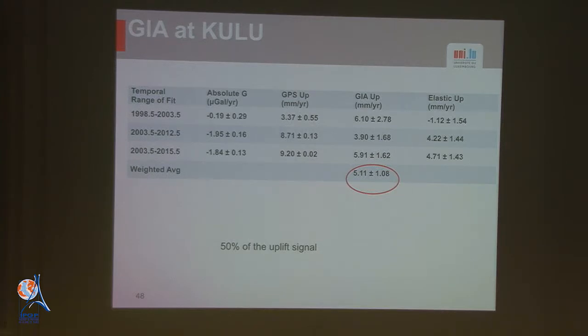So what's important about this is that all of the models, no matter which ice model you use, no matter what mantle model you use, they all predict that GIA in this region is going to be negative. And this is the only evidence at all that shows that it's positive. So you should be asking yourselves, well, what are you doing that's so special? Why would it be positive? Well, it should be positive because it's a rebound signal we're trying to measure.